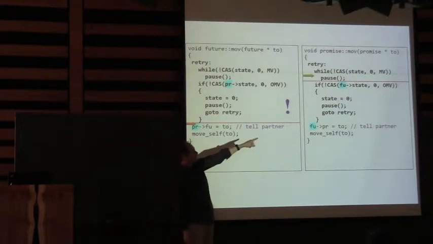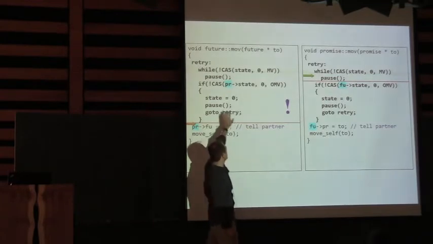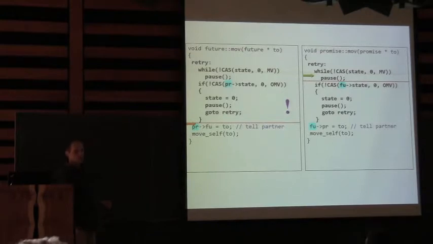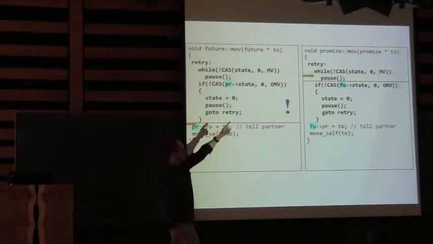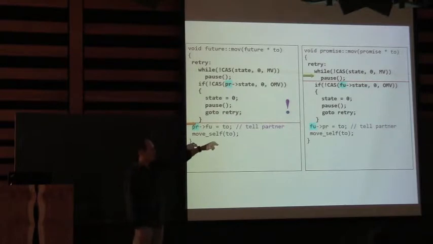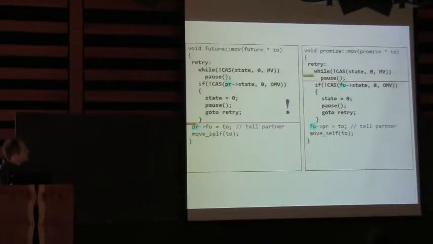That guy never sets it to anything else. He tries to set it to OMV, but he never sets it back to 0. I'll set it back to 0 myself, but he only sets it to anything if it's already 0, and vice versa. And most of our code is like that. So if I manage to set my state to MV, set his state to OMV, he can't go anywhere. He is stuck up there. If he somehow got down here, it's not possible. That is my claim. He must be up there. And I thought I had more.